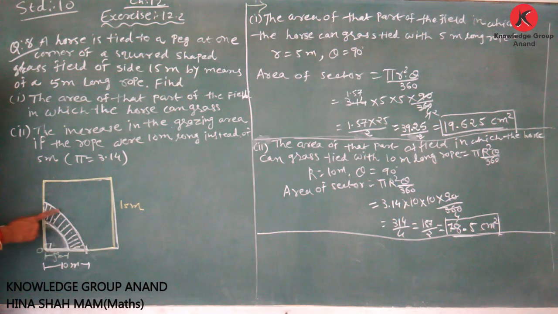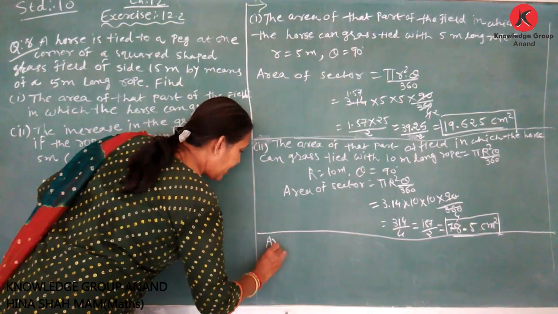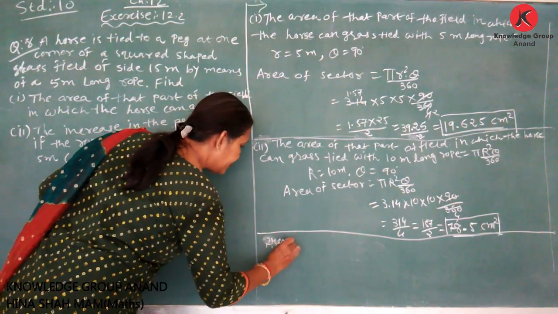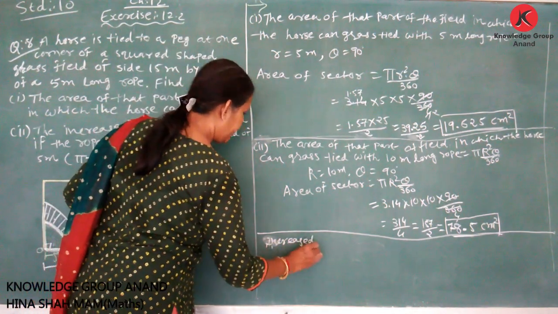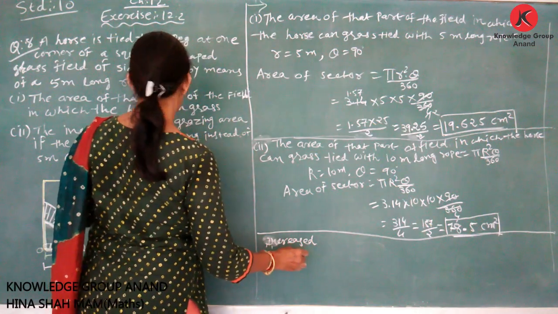Area of the sector with radius 10 meter minus area of sector with radius 5 meter.